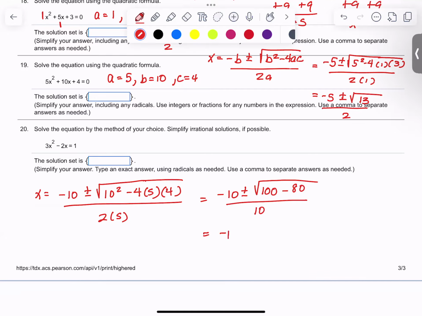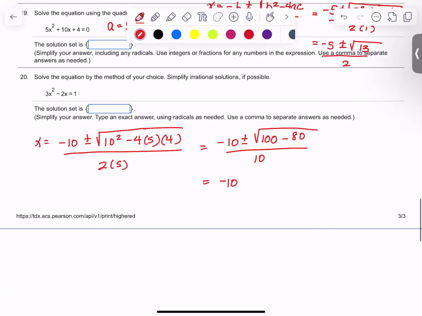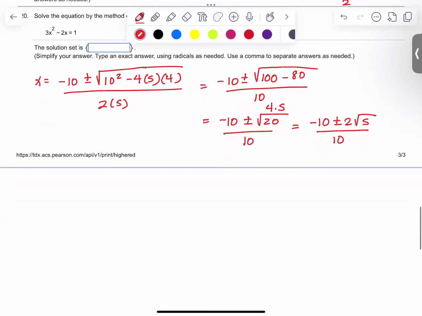So that's minus 10 plus or minus the square root of 20 over 10. And you can reduce the square root of 20. 20 is 4 times 5. So this is minus 10 plus or minus 2 square root 5 over 10. And then you can cancel a 2.